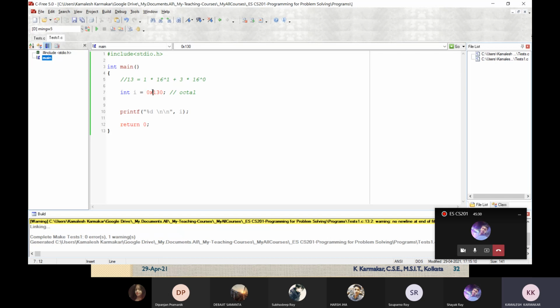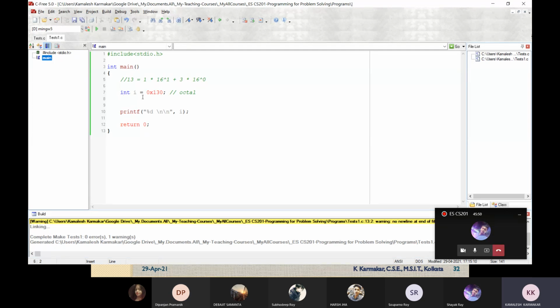If I use 0 before a numeric value, it indicates an octal number. If I use 0x, it's a hexadecimal number. Is it clear? Yes, sir.